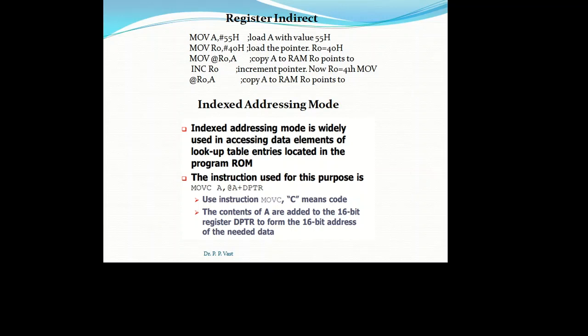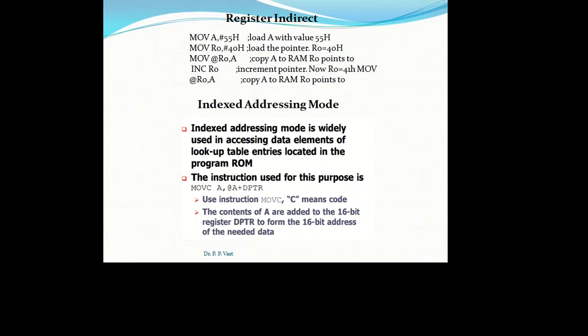Instead, whatever data R0 is holding will act as an address. We'll go through a simple program so the idea becomes clearer. MOV A, #55H.